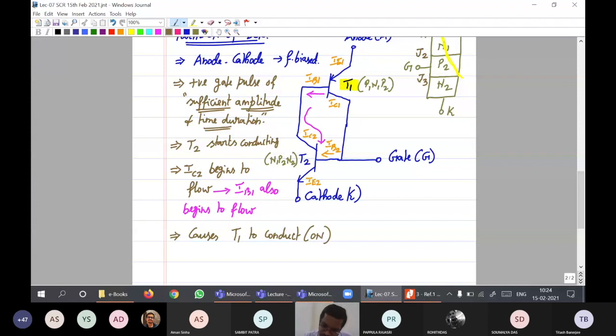When T1 turns on, IE1 flows and it makes IC1 also flow. IE1 is this. Sorry, I will erase this and write this neatly.